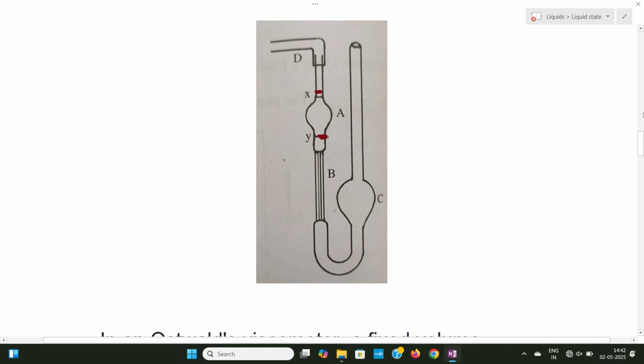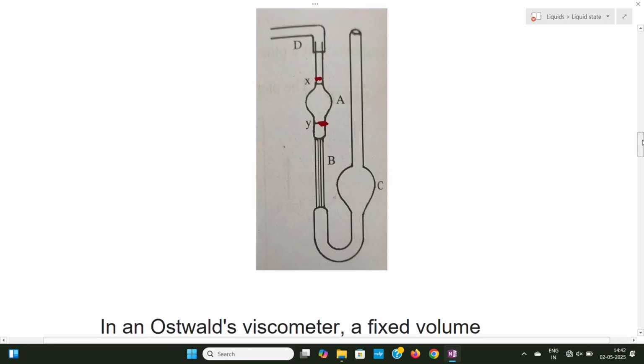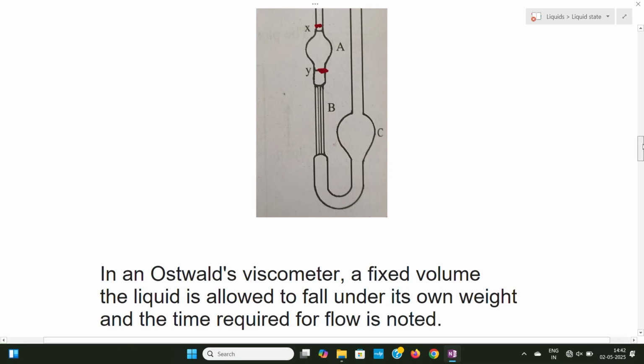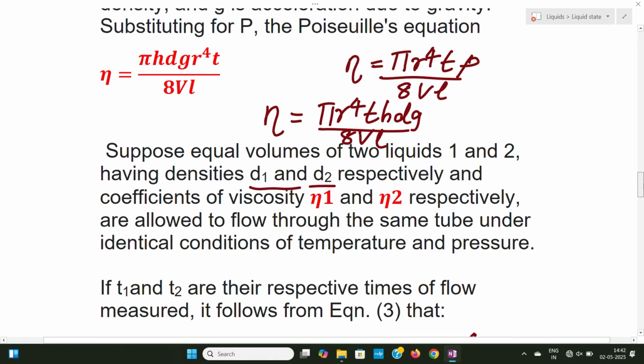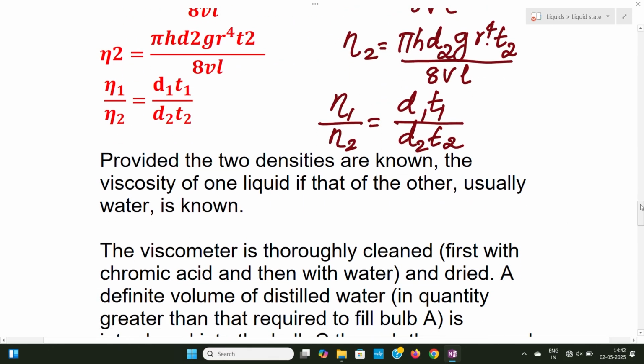Using all these values, we compare the coefficients of viscosities of two liquids with the equation eta 1 by eta 2 is equal to d1 t1 divided by d2 t2.